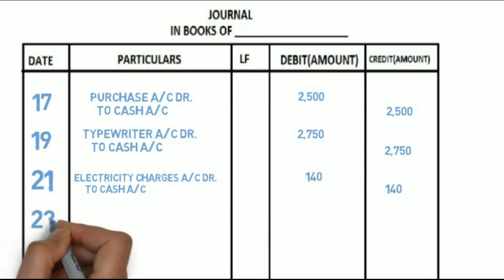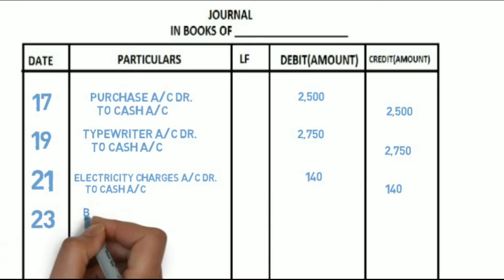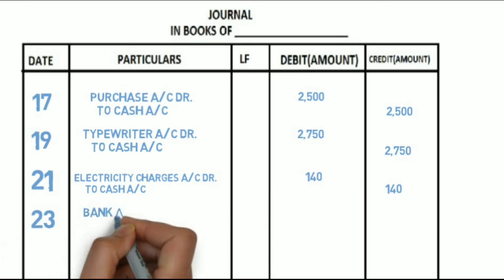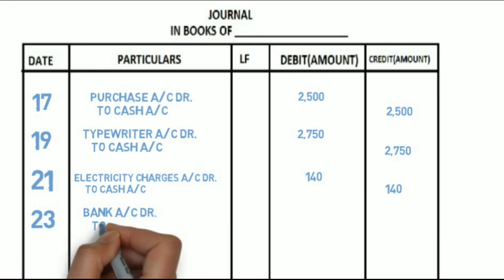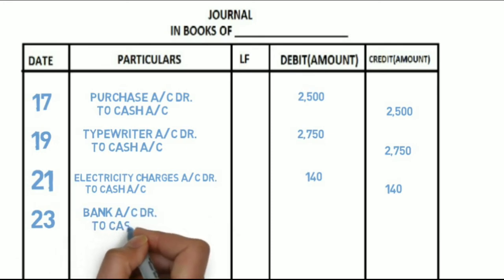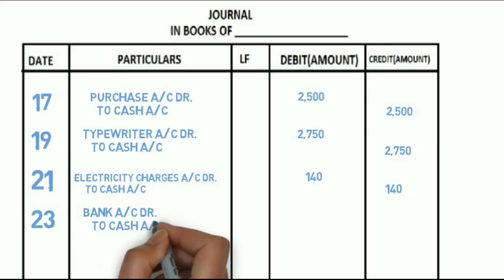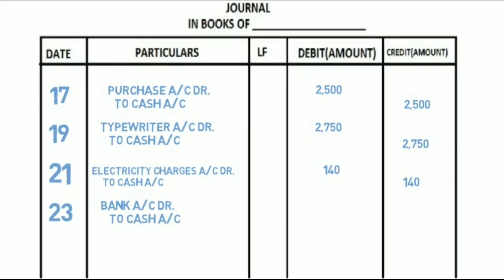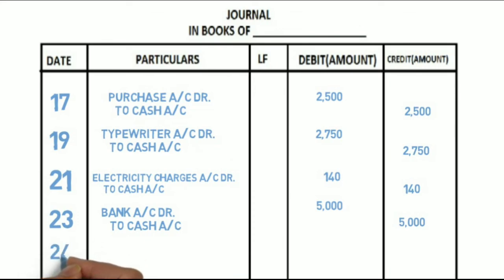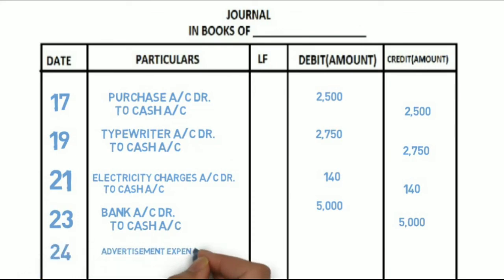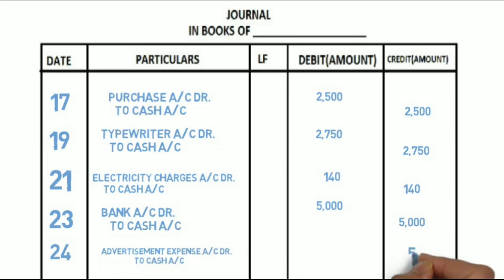When we are paying into bank it means we are depositing cash in bank, so bank, an asset, has been increased, and cash, an asset, has been decreased, so bank account debit to cash account 5000. And on 25th, advertisement charges paid 50. Advertisement charges is an expense for us which has been increased, and cash has been decreased. So advertisement account debit to cash account 50.